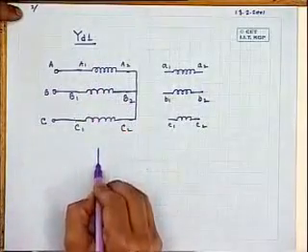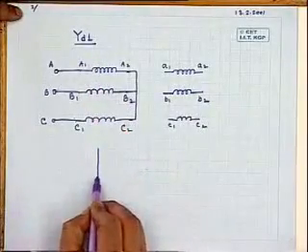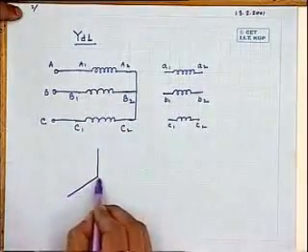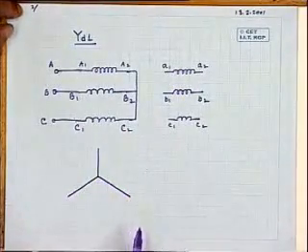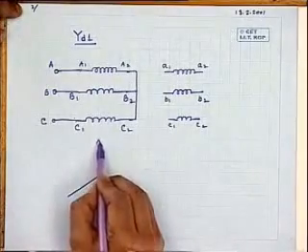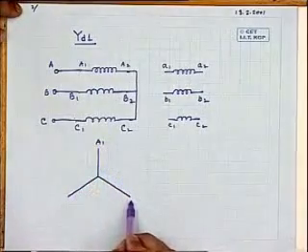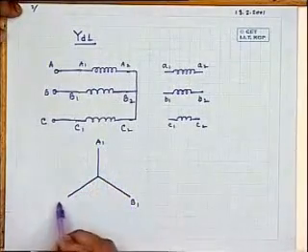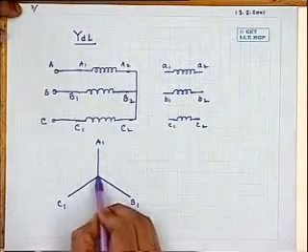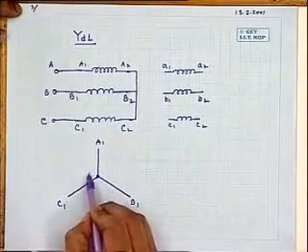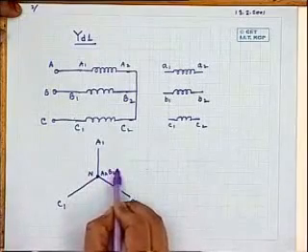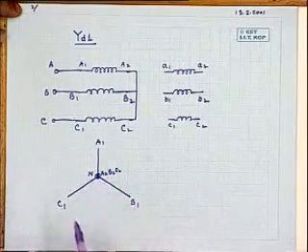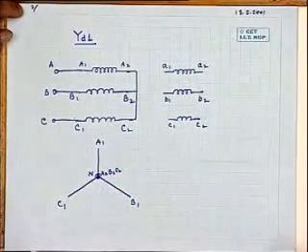The primary side voltage phasor can easily be drawn. It will look like this. Across each winding, the voltages will be like this. So this is A1, this is B1, and this is C1. And here the neutral is A2, B2, C2. The primary side neutral is A2, B2, C2. They are joined together. Okay.